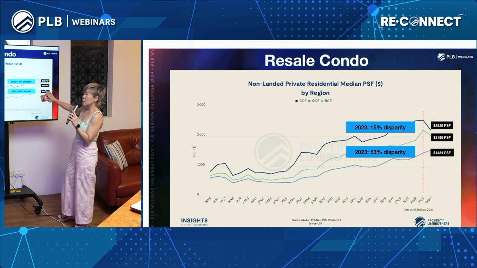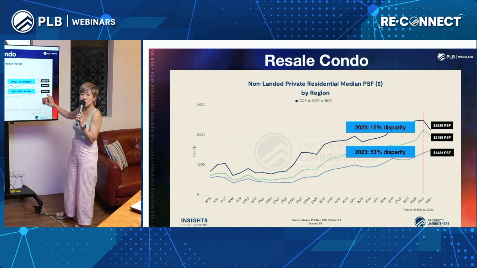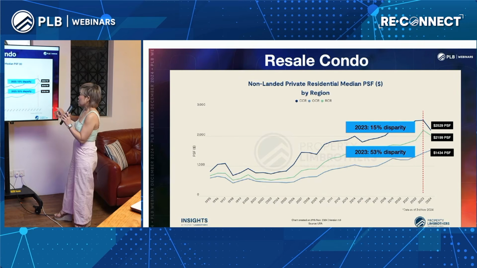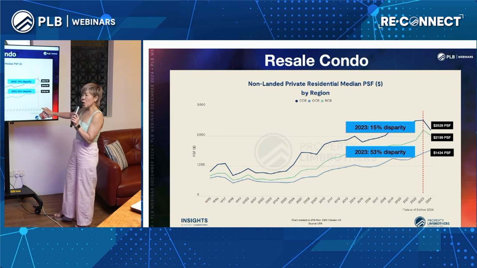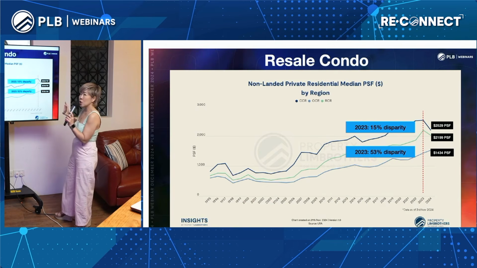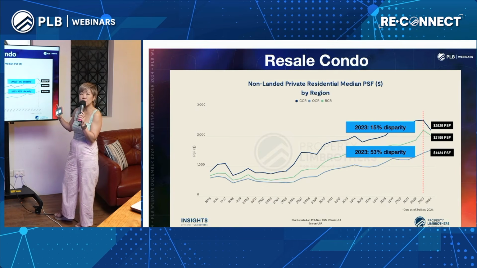The key reason is definitely the government's decentralization, bringing work, life, and play into the OCR area. So in 2023, we saw a 53% disparity between the OCR and the RCR, and the disparity between the RCR and the CCR is at 15%, which is very close.